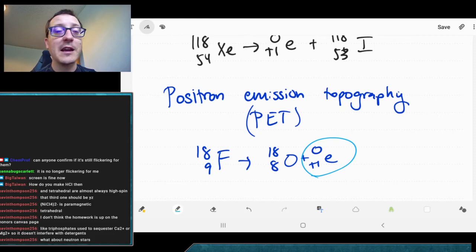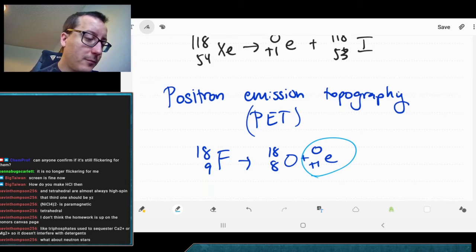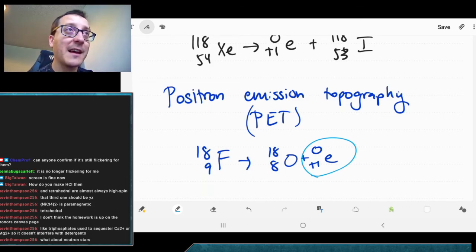So very useful for imaging because you're giving off particles that can be detected. These particles that can be detected are very useful for localizing things or for viewing activity of things, which can be enormously useful to medicine. So you can see if you have thyroid cancer and you're wondering if it's metastasized, the thyroid gland is the only real organ that uses iodine in the entire body.